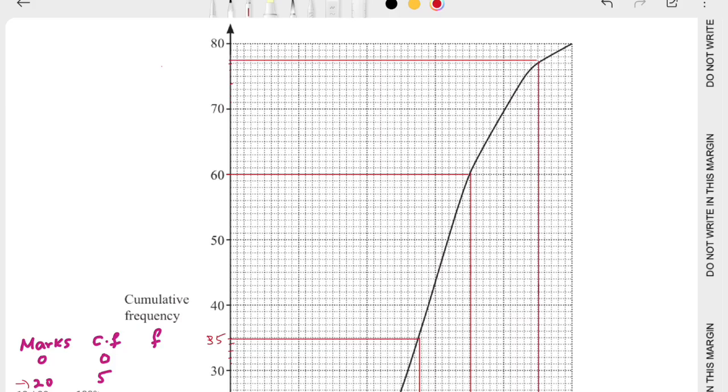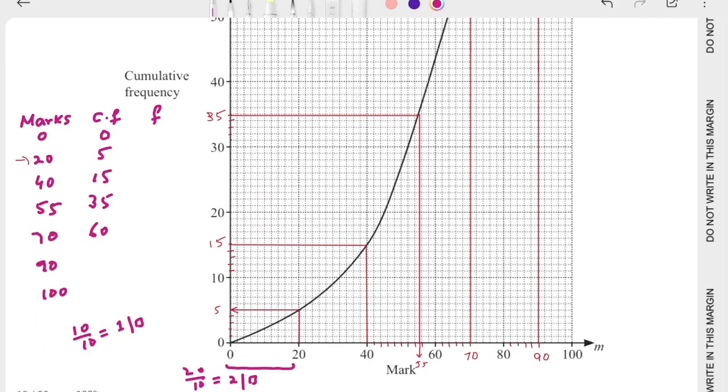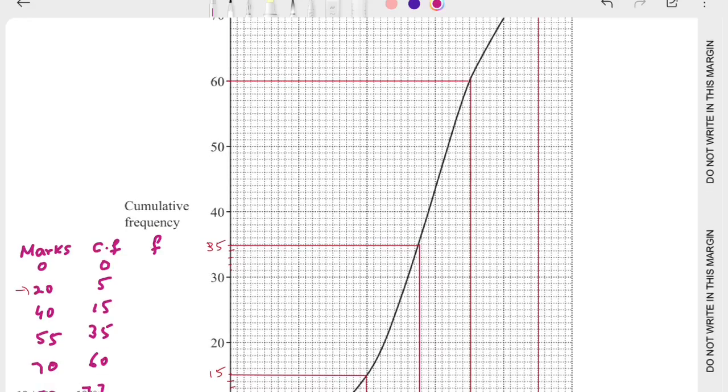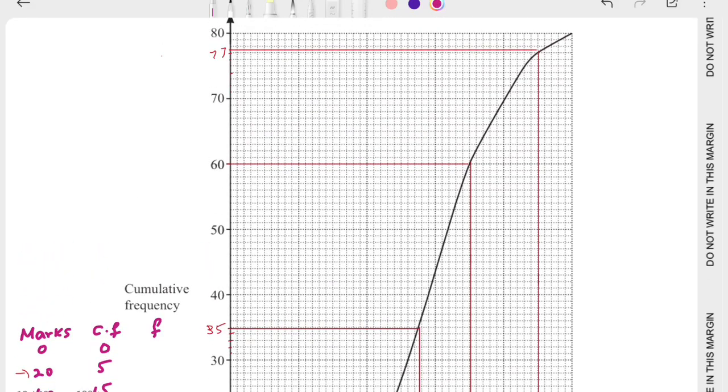Approximately it is 77. Now the last value is 100 and against 100 it is 80. You can see from here, boys and girls, look here, this is 80.